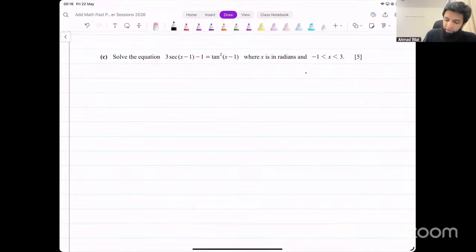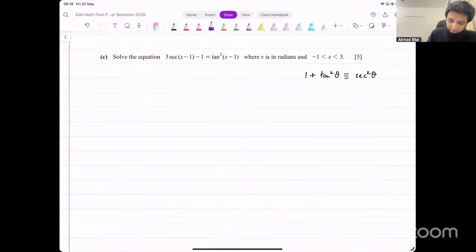We have this identity. We have 1 plus tan squared theta that is identical to secant squared theta. That's an identity that we've got. Using that identity, we could say, or we could actually bring 1 to this side and then apply this identity.